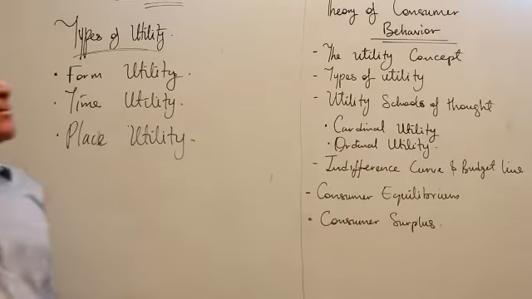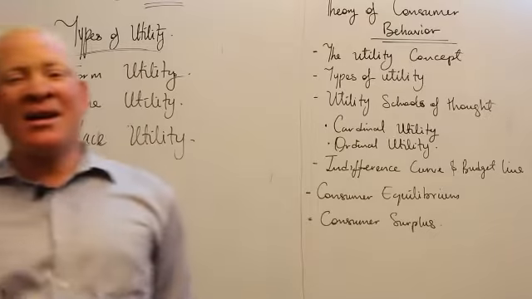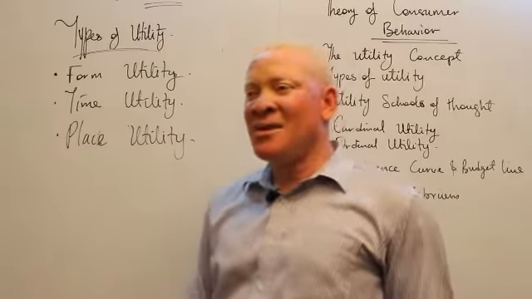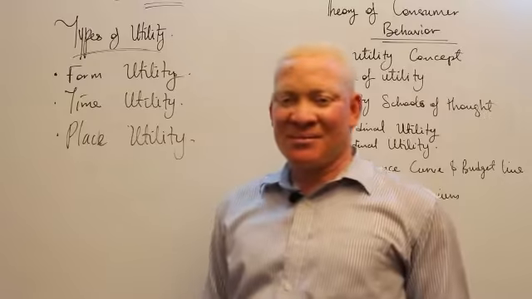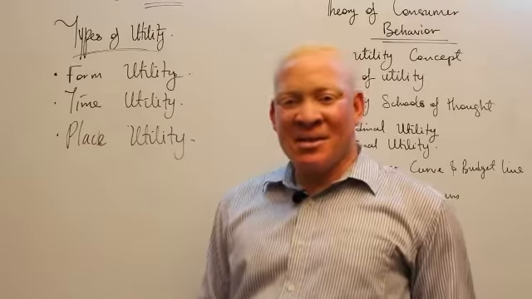Now, the second one, time utility, is looking at certain things that are able to yield satisfaction just because they are available at a particular time, and the awareness for them is created.